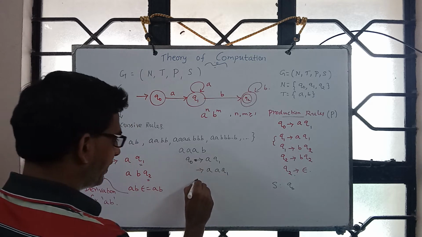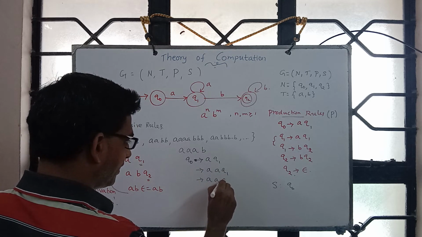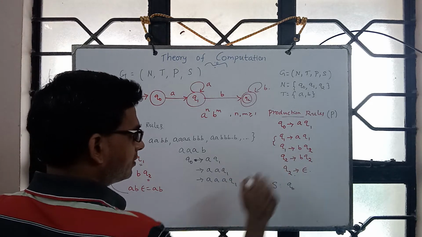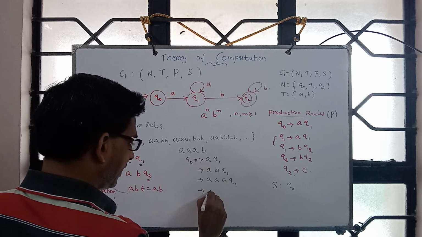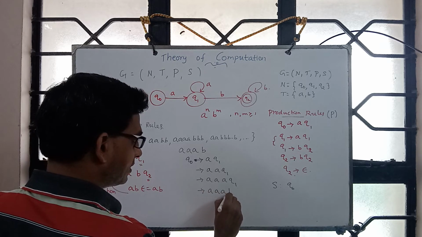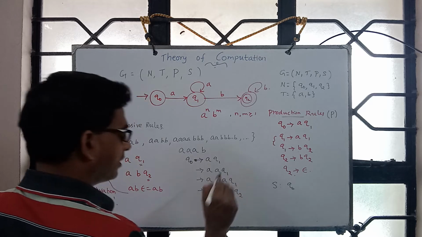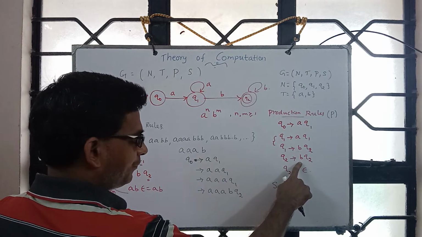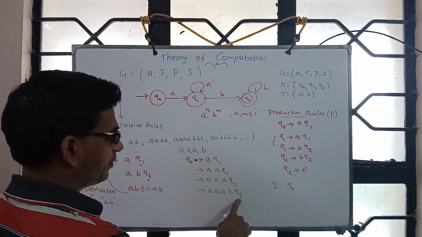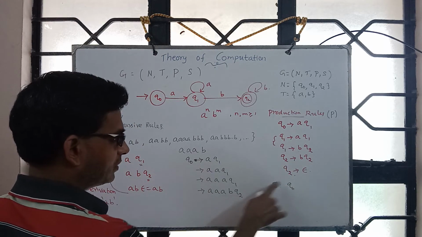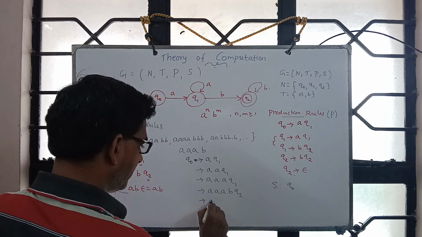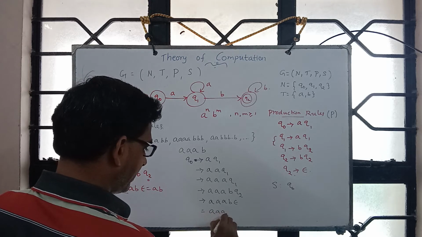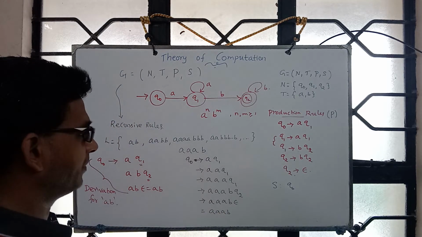I still need one more A. Now I need a B. So then choose a production that says B followed by a state. Now if you use this for Q2, then you will get one more B, but we are done. So choose epsilon and stop. So here is a derivation for triple A followed by B.